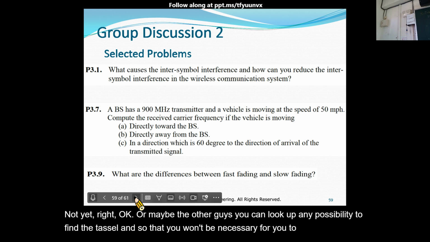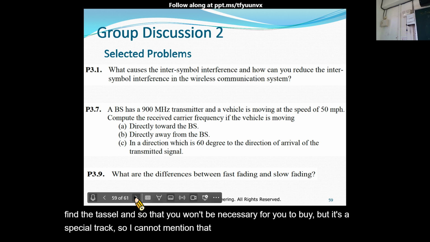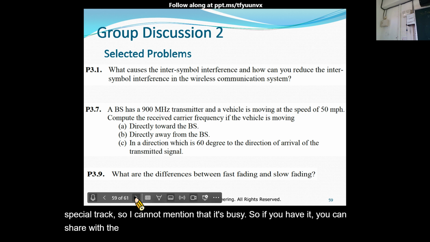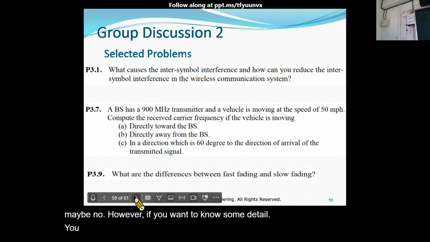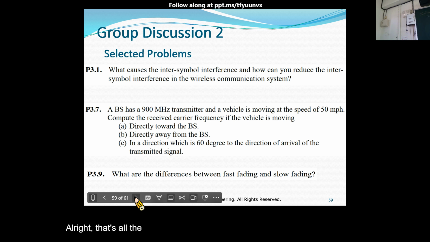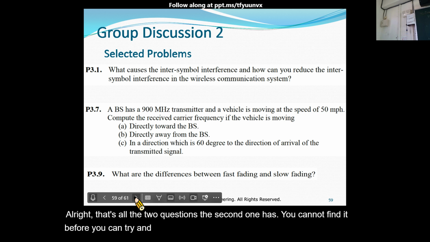But it's a special track, so I cannot mention that explicitly. So if you have it, you can share it with the other classmates. For me, of course, I have the task book, but for you, maybe not. However, if you want to know some detailed content, of course, you need to have the task book so that you can review. All right, that's all. For the two questions, maybe the second one, perhaps you cannot find it. You can still try. And finally, hopefully you can have one task book for reference.